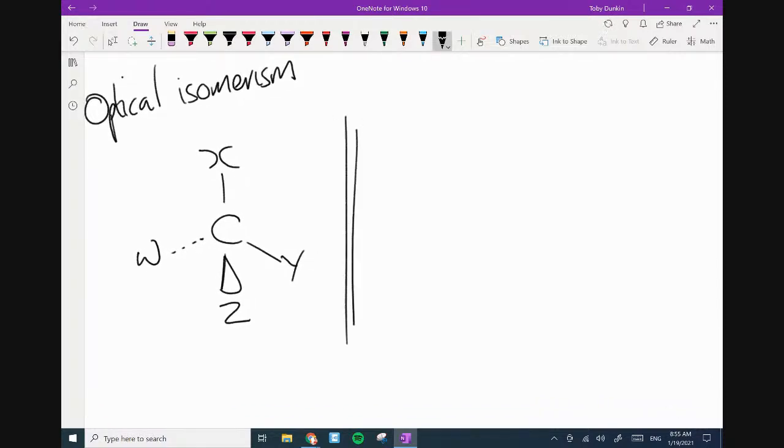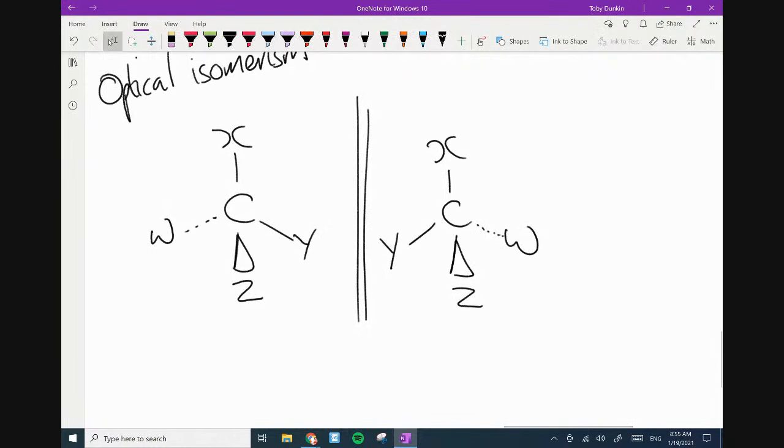And what will happen is you will have a mirror image. Notice the only things that are actually changing are the Y and the W swapping places. Non-superimposable mirror images. And these are different biologically, but not chemically.